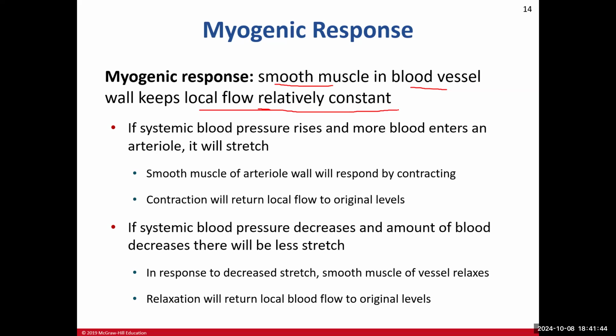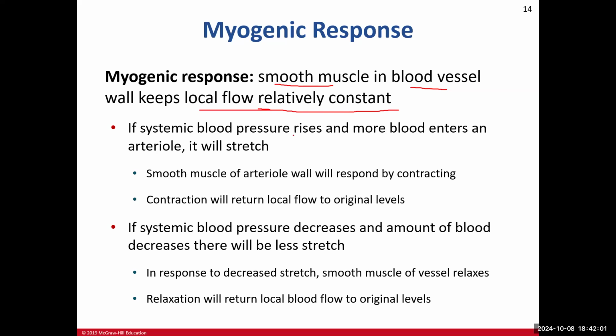So you want to keep that thought in your head that when we're dealing with the myogenic response, we're trying to keep our blood flow at a constant rate, at a constant amount, right? So the first example that you see up there is what happens if our blood pressure increases.